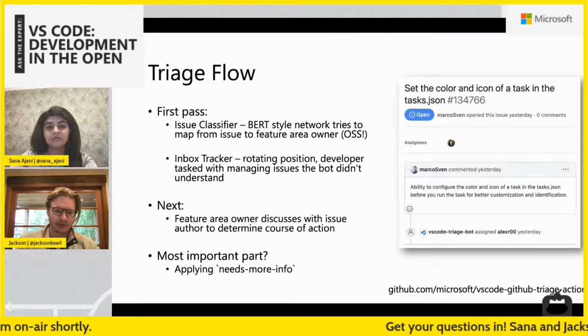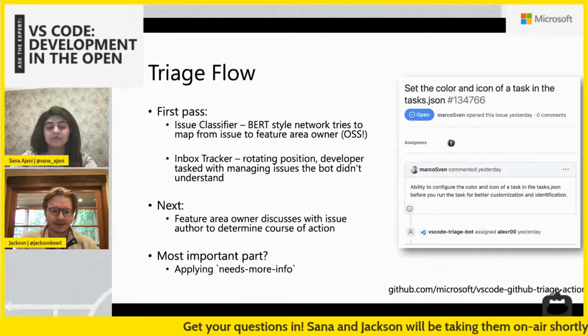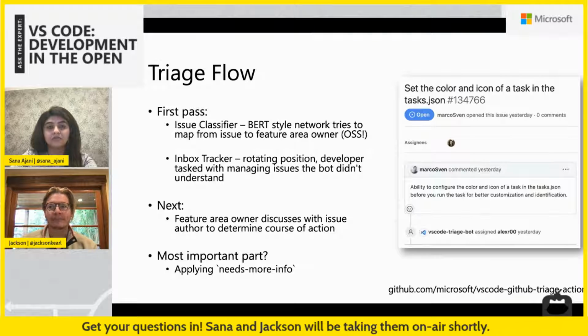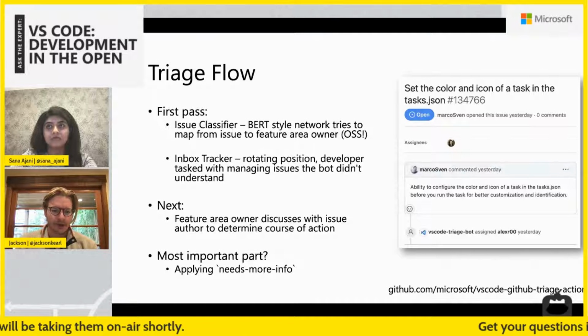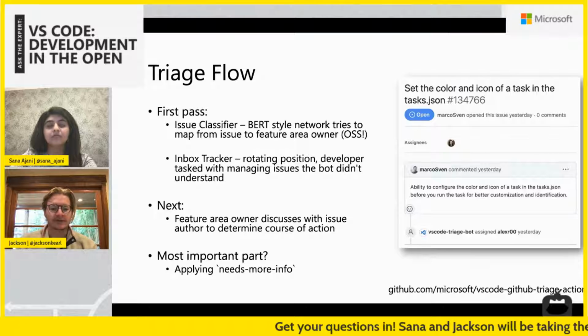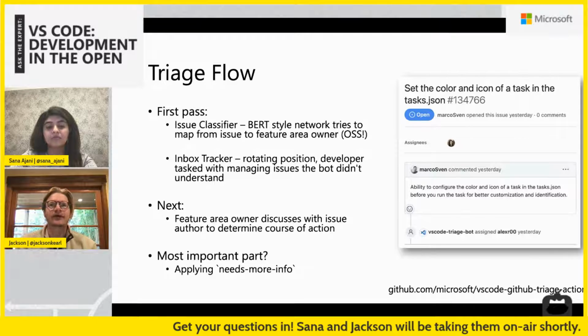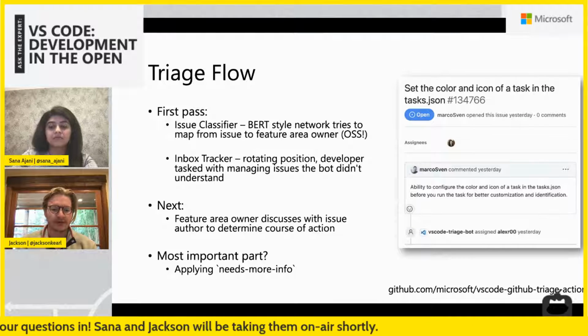And their job, in addition to whatever they're doing, is to look at all the issues that the issue classifier couldn't classify and either give them to an engineer if they're able to figure out what it is, or ask follow-up questions and apply the needs more info label until they can figure out exactly what's going on and who owns it and whether it's a bug or a feature or whatever.